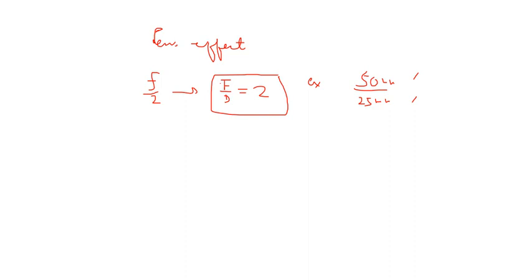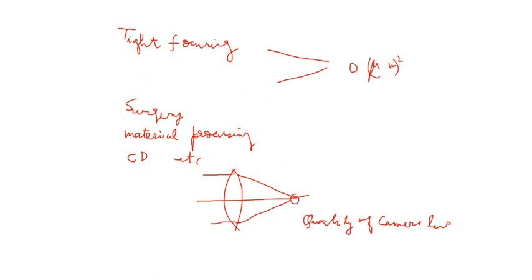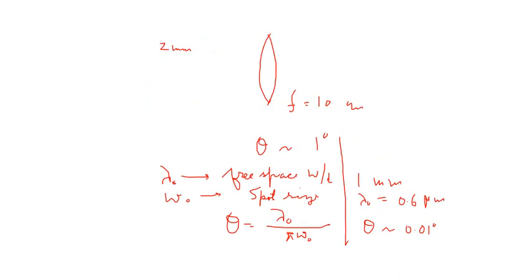Smaller the wavelength, smaller the spot size, that we have seen here.